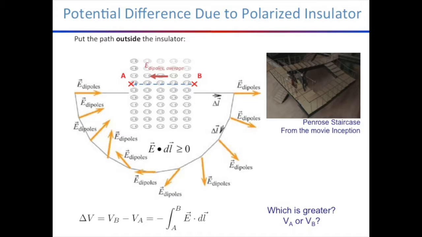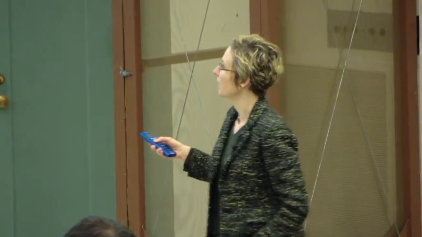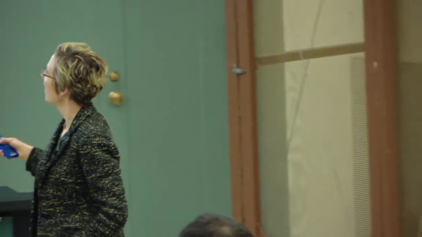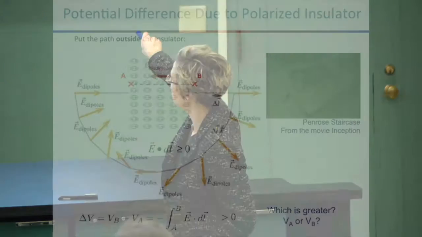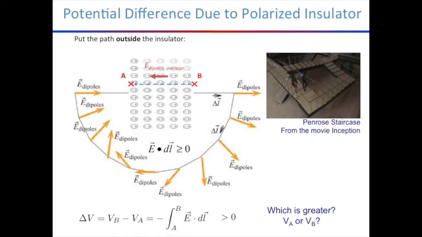Is the potential at A or B greater, given this? Okay, B, I'm hearing a lot of B's. If I think of how a point charge would move away from this, the point charge would roll down the hill, so voltage B is the greater one. Do you have any questions about that? Okay.